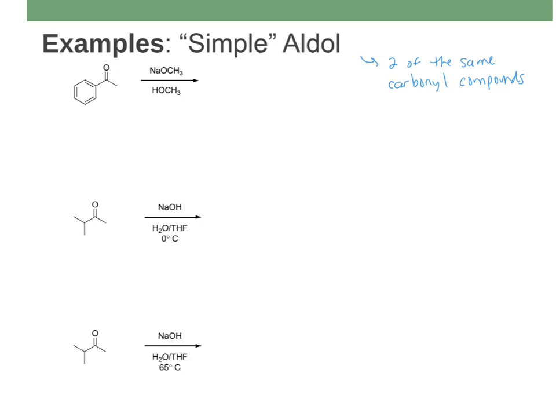You'll notice these are the same, these are both propanone, they're the same molecule. And so if you see a reaction like this, you'll see in this case a ketone, and then you'll see some sort of strong base, and then nothing else. That's your cue that this is an aldol. If you just see a carbonyl and a strong base, that's it, then you're going to want to think aldol.